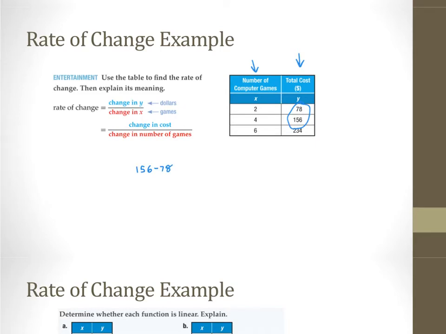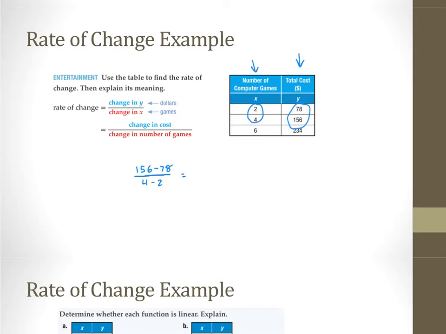Not that you shouldn't use big numbers and that you should be scared of them, but I like to keep my odds of math mistakes down. Divided by, and I'm going to pick the same 2 x's. So the x's go with the y's. Whatever 2 y's you pick, you got to pick those 2 x's as well. And then you just solve.